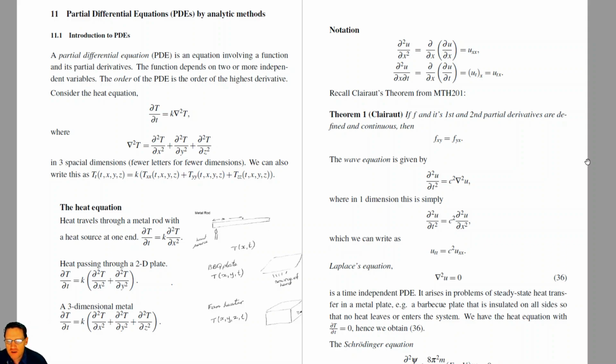And so in one dimension, this is much simpler to look at. It just says that the second partial derivative of u with respect to t is c squared times the second partial derivative of u with respect to the one spatial dimension. And so this can be abbreviated as u subscript tt equals c squared u subscript xx.